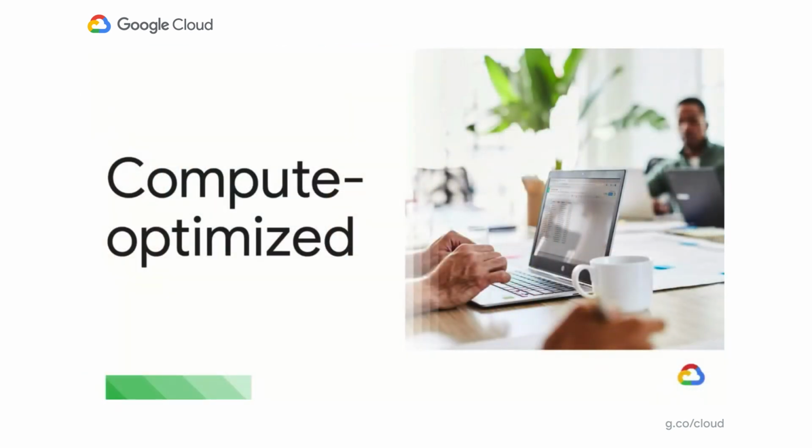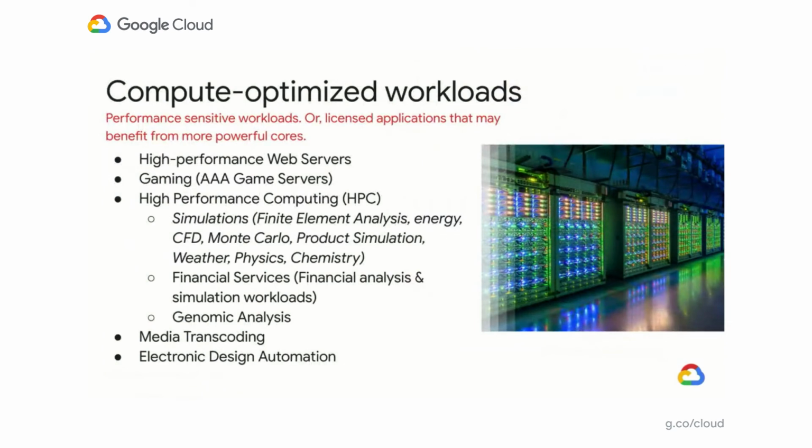Now that we've covered the general purpose VMs, let's move to some of our workload optimized VM families. We'll start with compute optimized VMs. Performance-sensitive and compute-bound workloads come in many shapes and forms. They might be high-performance interactive web servers, AAA games, high-performance computing across simulations, genomic analysis, or media transcoding.